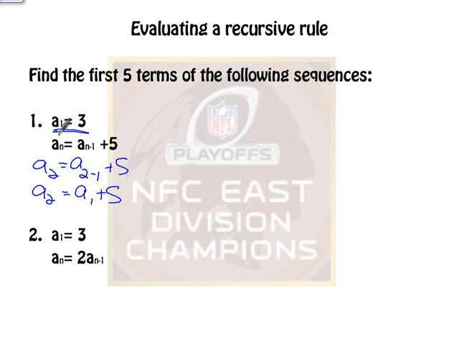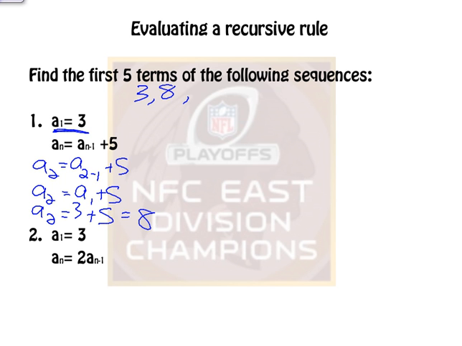And I know now that a1 was 3. So a sub 2 equals 3 plus 5. So that's 8. So I now know I have 3, 8. And yes, you probably know the common difference is 5, so you could just go from here.